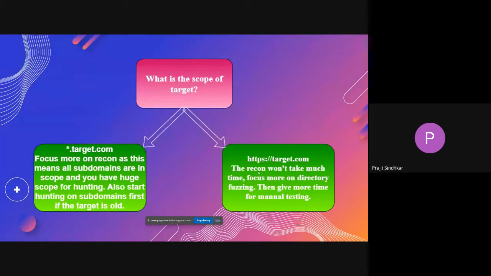Focus more on directory fuzzing, that is using dirsearch and ffuf. You can easily focus on that. Then give more time to manual testing. After you have got sensitive information from ffuf and so on, you can give more time to manual testing.